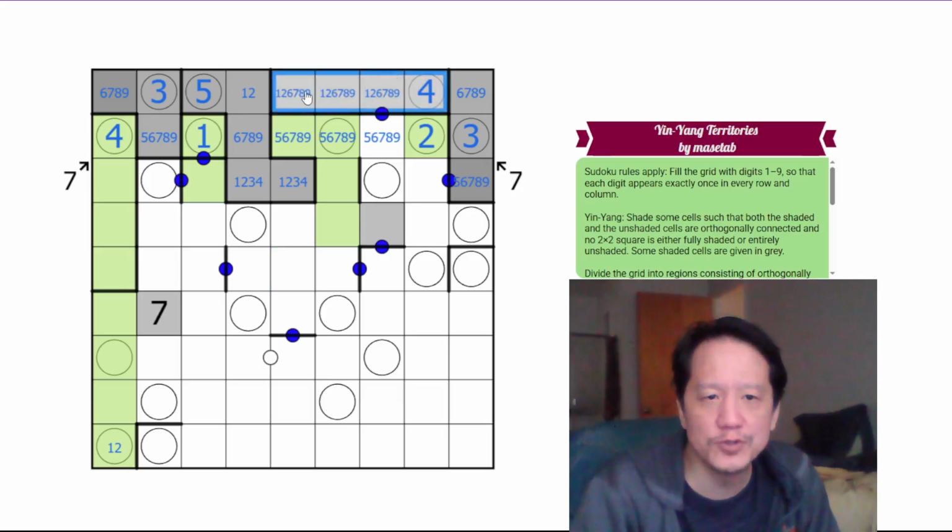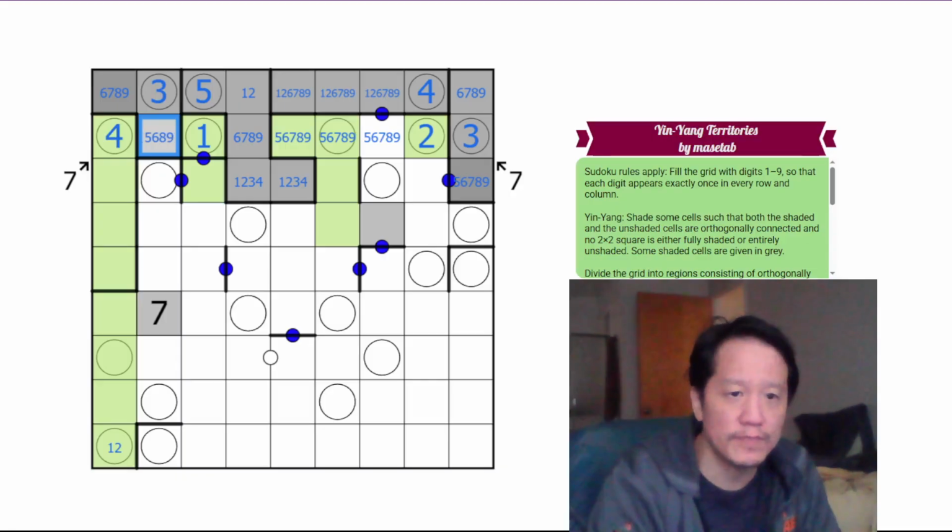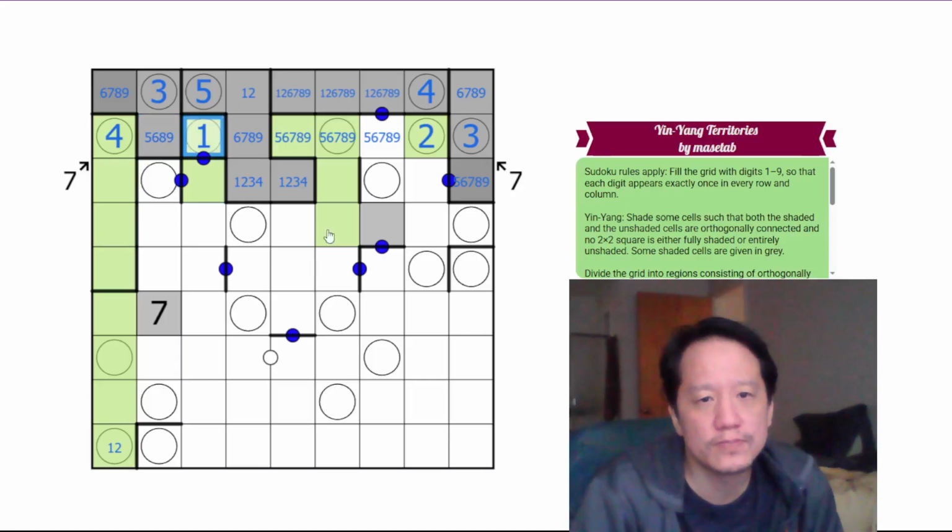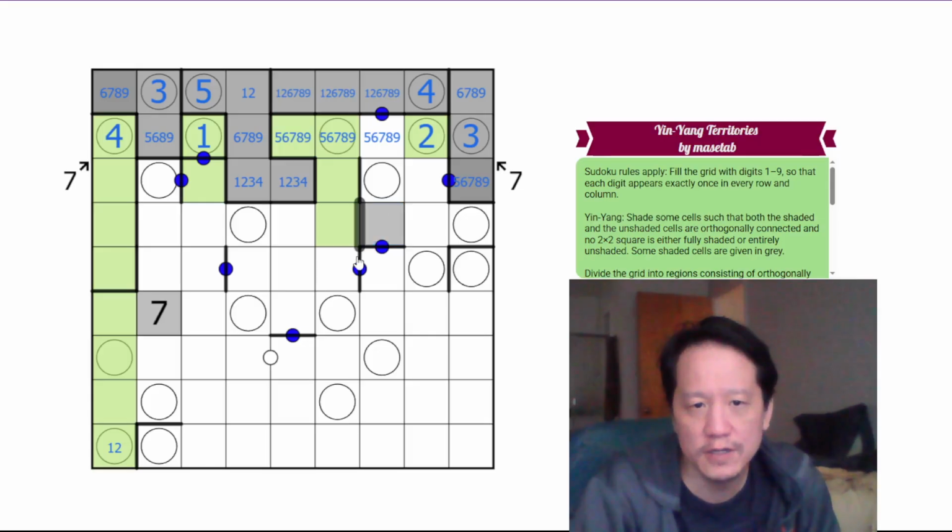So this is at most 20. It could be 30. Okay, so that eliminates 7 here. This is all unshaded and is part of the same region. So therefore, this is blocked here.